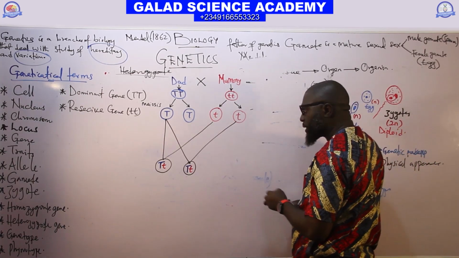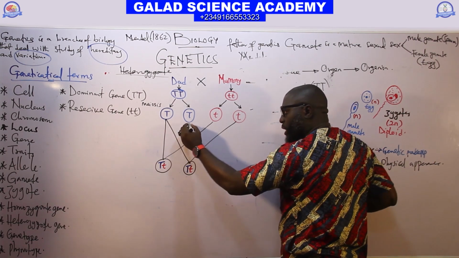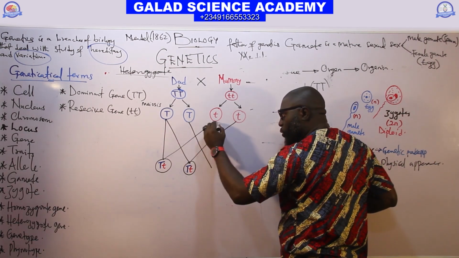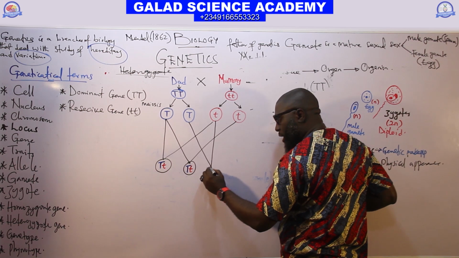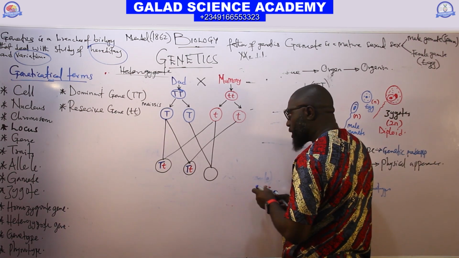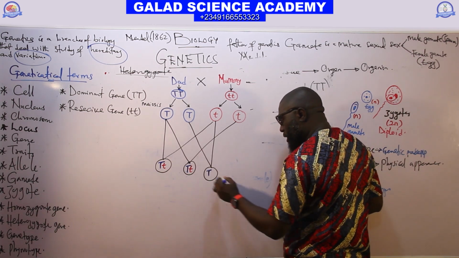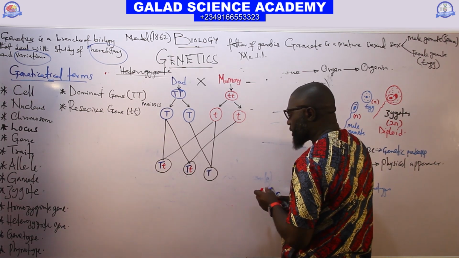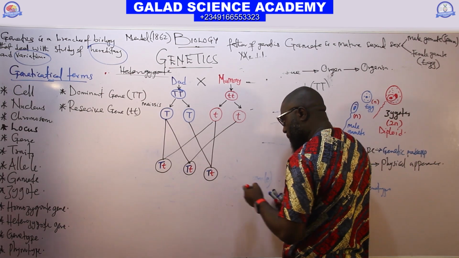Again here, we take this one with the second one to have T and small t.